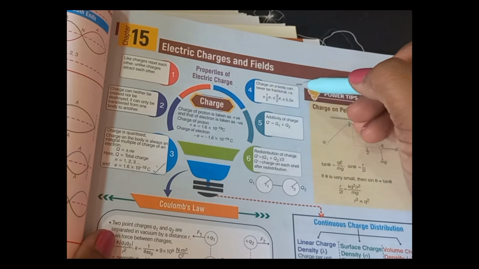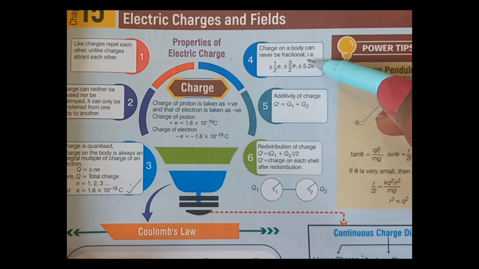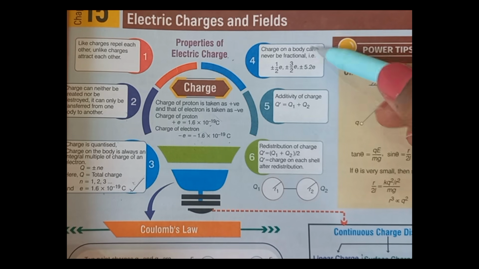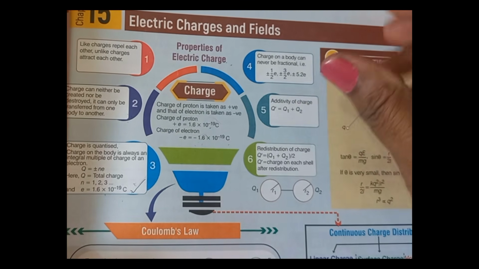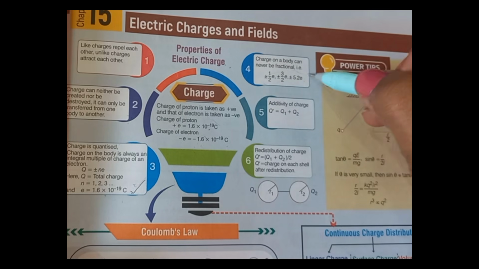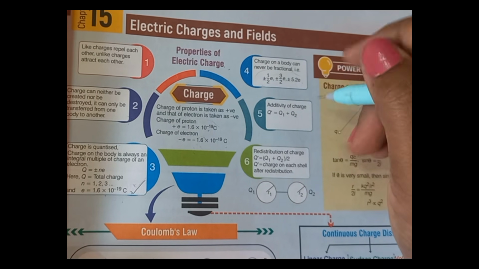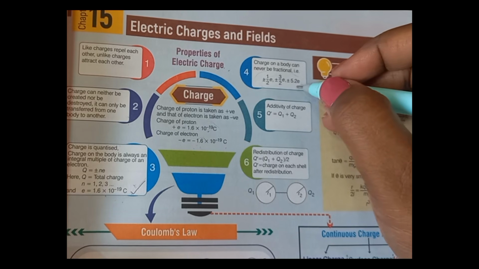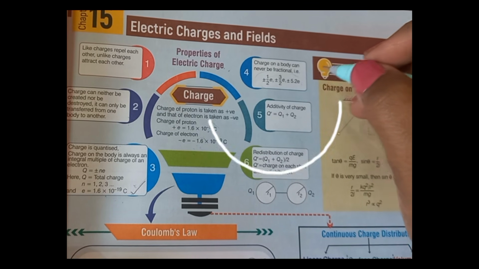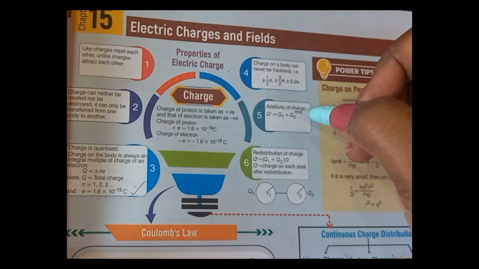Then charge on a body can never be in fractions. Charge is a complete entity, it will not be in fractions, that you remember. It will be asked in your MCQs. The whole number is the value of a charge.